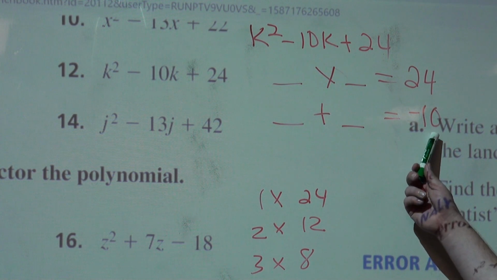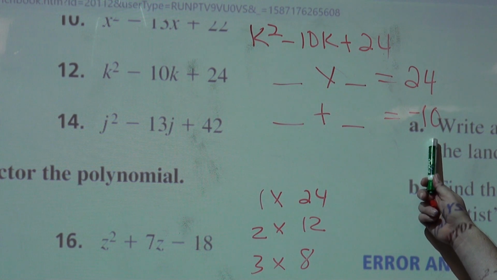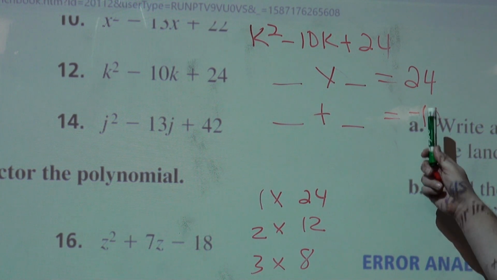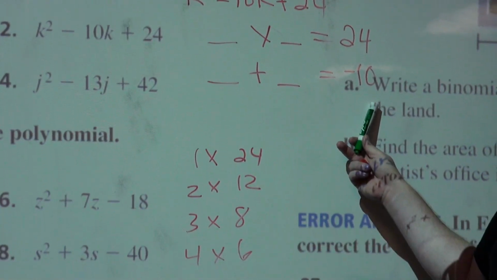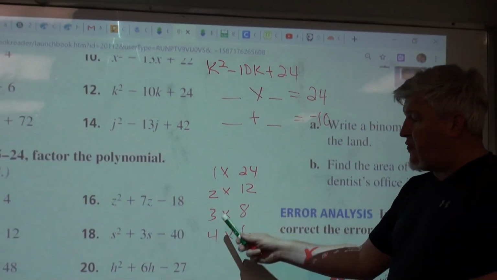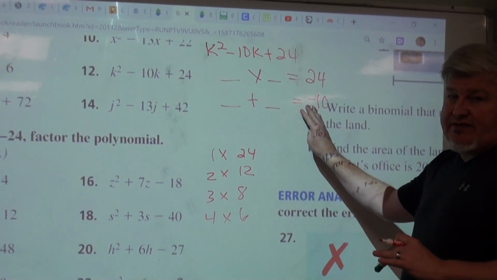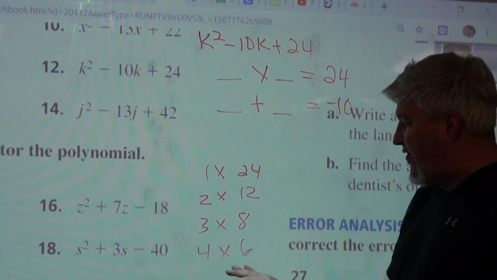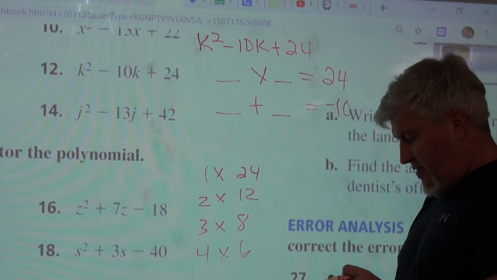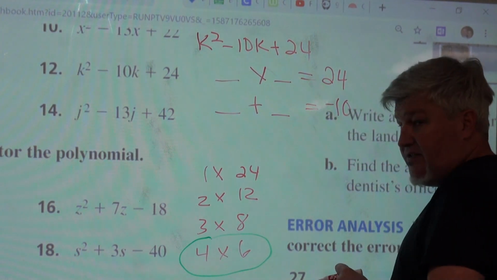However, remember to answer this question, they need to add up to a negative 10. Okay? They need to multiply together to be positive, but add together to be negative. The only way that happens is if both of these terms are negative. So think of it, first of all, before you worry about the sign, look at these and tell me which of those, when added together, give you 10. Clearly, it's the 4 and the 6. 4 plus 6 is 10.